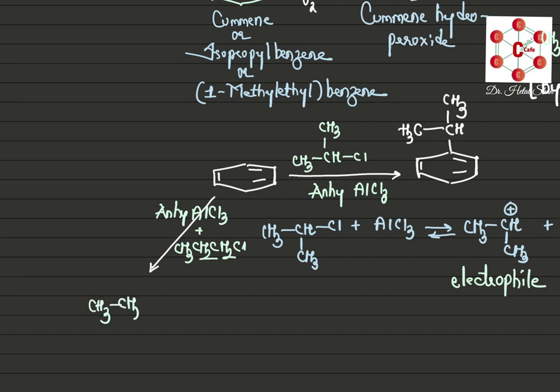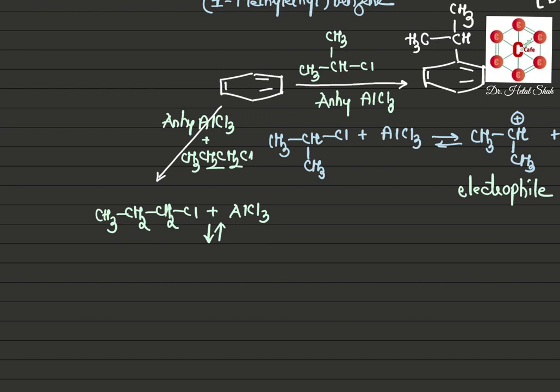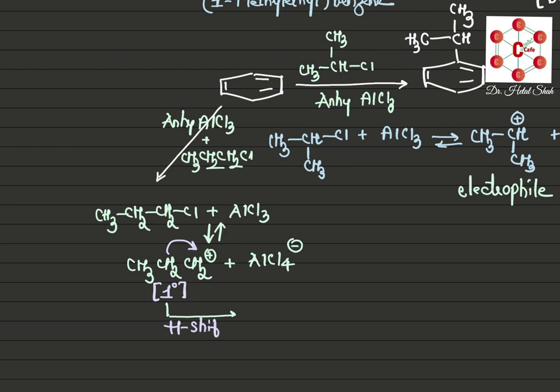CH3, CH2, CH2 and Cl plus AlCl3 gives you, what would it give you? CH3, CH2, CH2 plus AlCl4 minus. This is, however, primary, and this is going to undergo hydride shift. Why? Because the carbon next to it is secondary. So you can have CH3, CH plus and CH3.